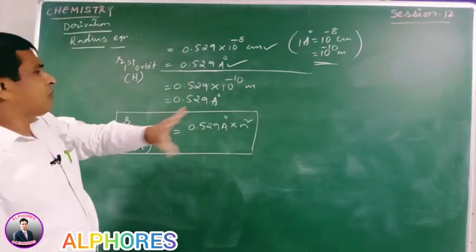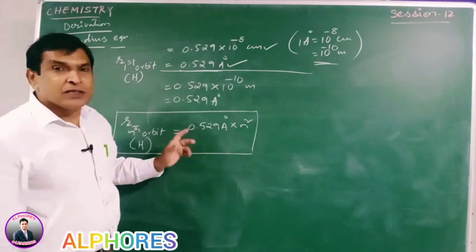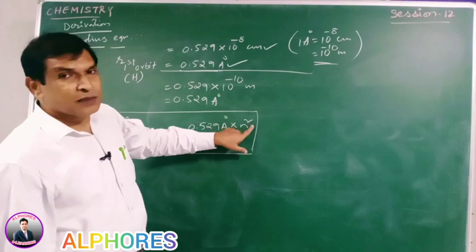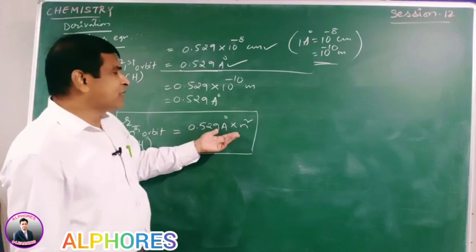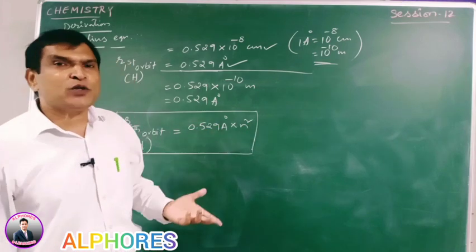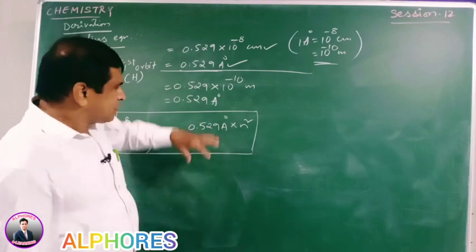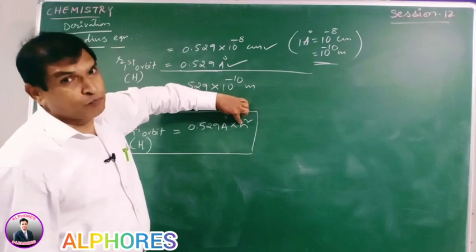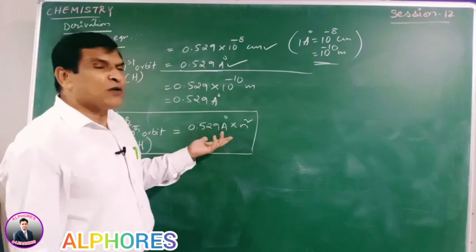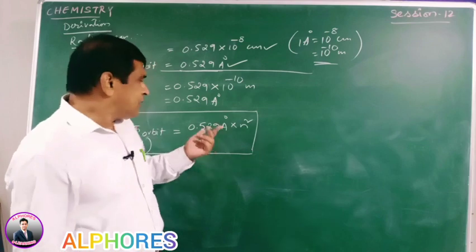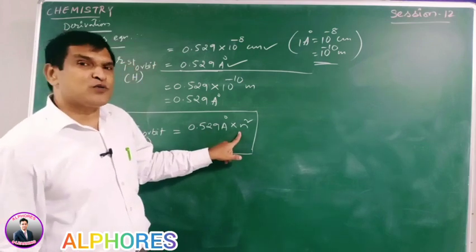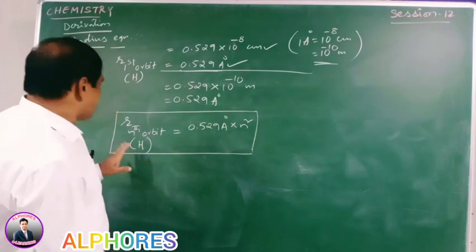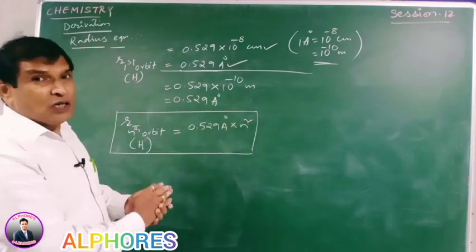To calculate the radius of the second orbit, that means 0.529 angstroms into 2 square. For the third orbit, 0.529 angstroms into 3 square, that means 9. For the first orbit it is 0.529 into 1, for the second orbit 2 square means 4, for the third orbit 3 square, that is into 9. This is the radius of the nth orbit of hydrogen.